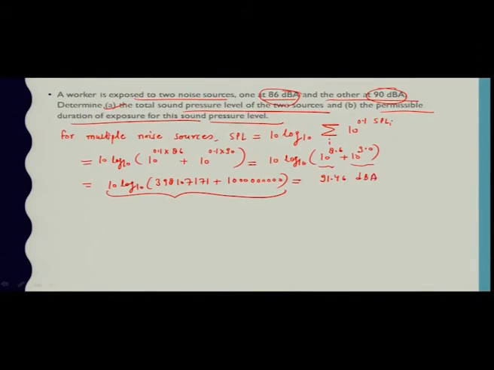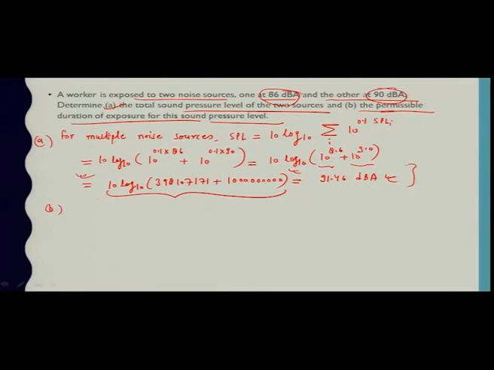Kindly check this value and correct it if it is wrong. It is just simple mathematics; as an engineer you can calculate with a scientific calculator which has the option to estimate logarithmic values. Now the second part is to calculate the permissible duration of exposure for this sound pressure level.